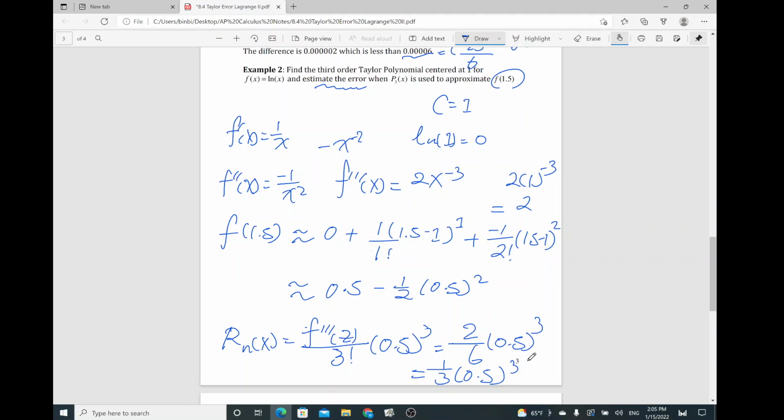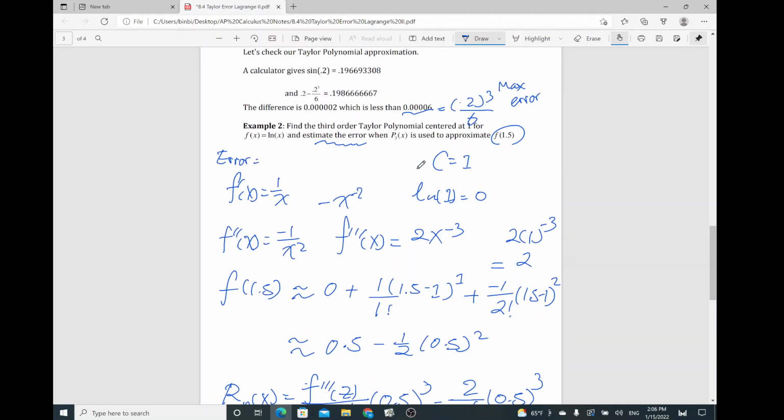And now we want to use the information to find out the actual error for this one. So the error, not the maximum error, just the normal error, the actual number. Natural log of 1.5 minus the Taylor polynomial approximation, so subtract 0.5 minus 1/2 times 0.5 quantity squared.